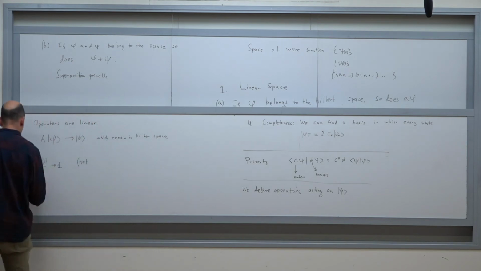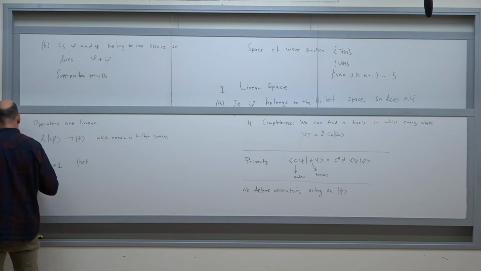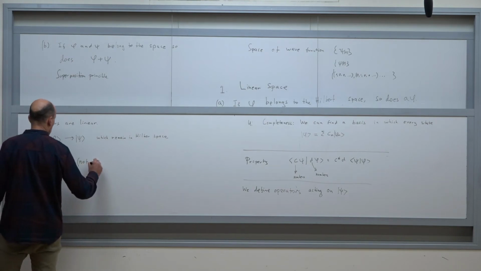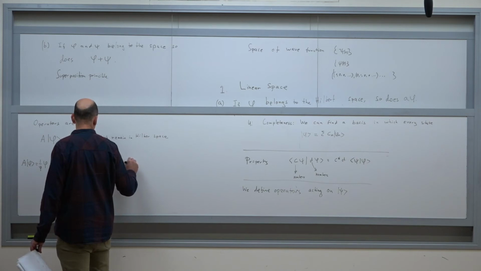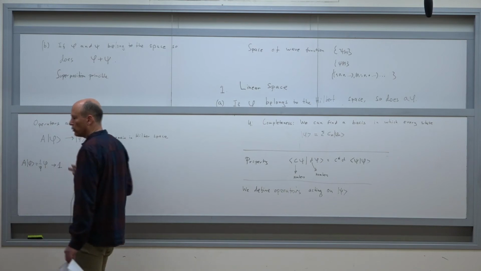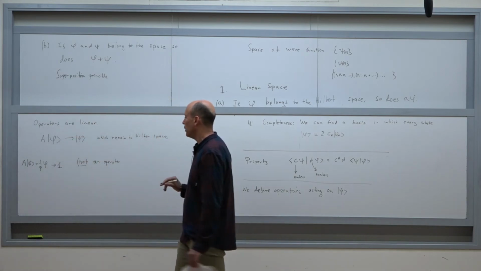So let us write it like this. If I want a phi, let's write it as 1 over phi times phi, not an operator. Acting on Hilbert space, not an operator from our point of view. We don't consider these type of operators.